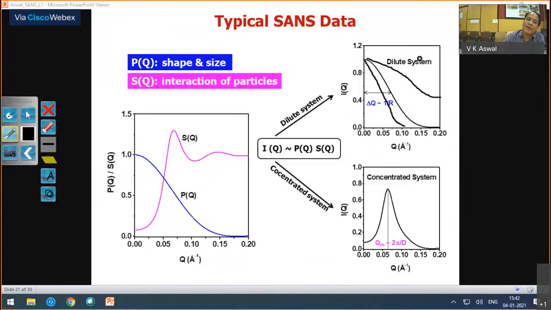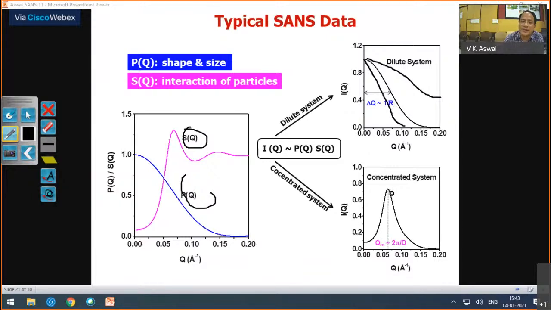And when you have a concentrated system where there is a structure factor, then your scattering intensity is the product of these two terms, P of Q and S of Q. When this term gets multiplied with this term, typically you see this kind of pattern.